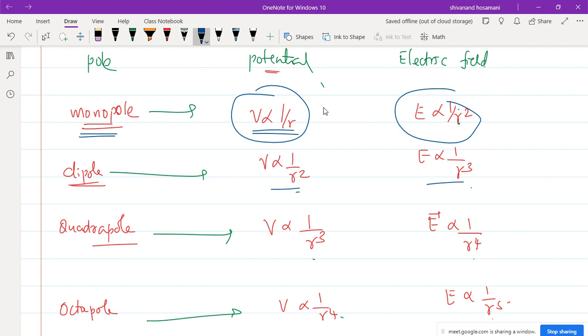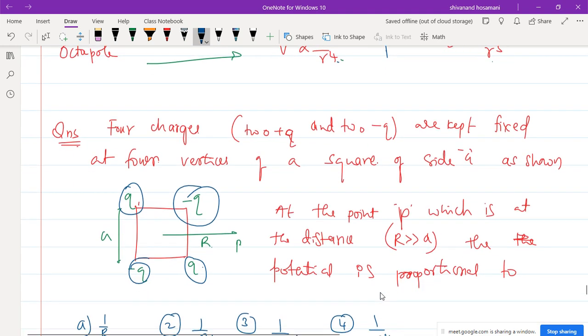So remember these potentials: for a monopole it is R power 1, for a dipole R power 2, for a quadrupole R power 3, and for an octopole R power 4. The only thing is that for the electric field there is one extra power: R square, R cube, R power 4, R power 5, like that.